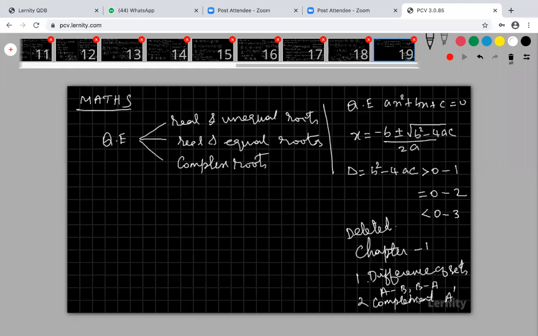True or false is not possible because of MCQs. Yes, the fourth chapter is completely deleted. Now in the fifth chapter we are discussing complex numbers. At the end of this fifth chapter, we will go to the sixth chapter in the next class.